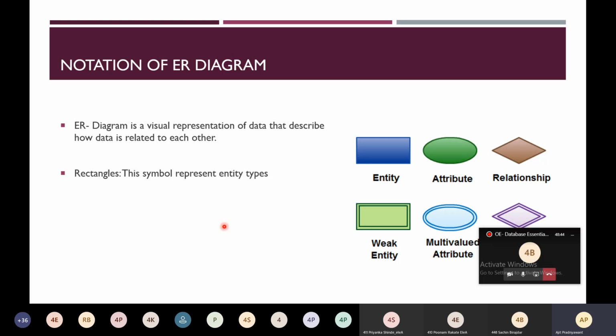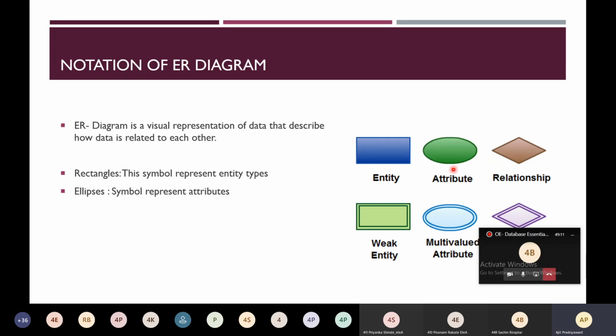Rectangle. This rectangle represents the entity types. To represent an entity, you have to use the rectangle. The next is ellipse. This symbol represents attributes.